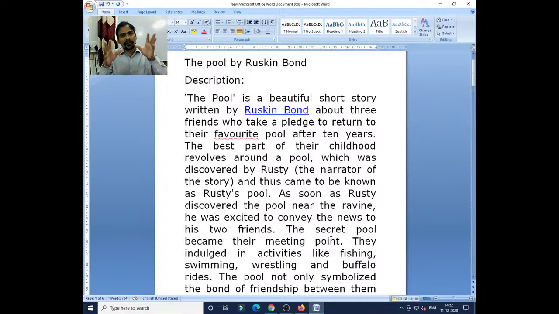These activities played a very crucial role in their life, a life specially meant for childhood. But after 10 years, what happened? We have to understand how time plays a very significant role after 10 years, how time is remarkable, how time is precious, how time is cruel.